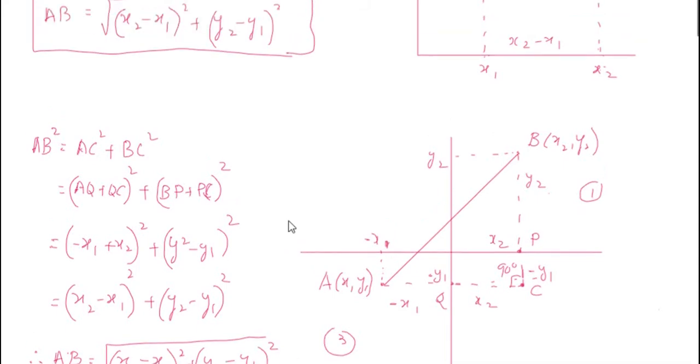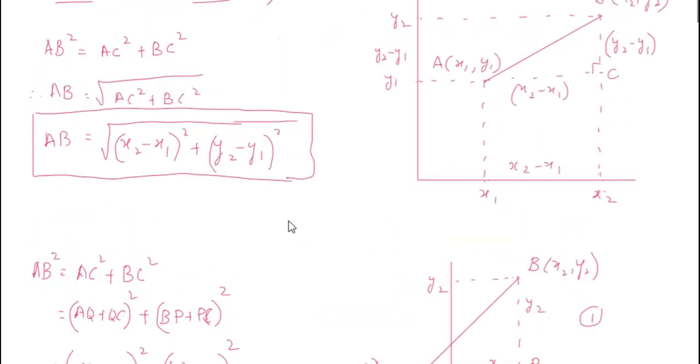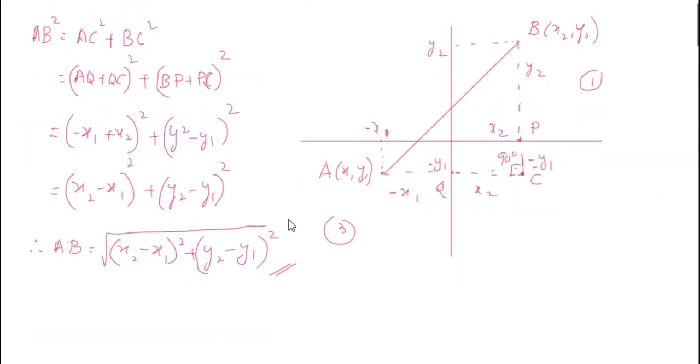It does not change whether the 2 points lie in the same quadrant or different quadrants. And the distance AB, we always take only the positive value, because this will have two values, plus or minus square root of these things, but we take only positive value because distance cannot be negative.